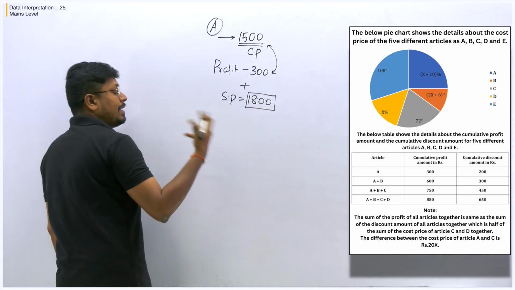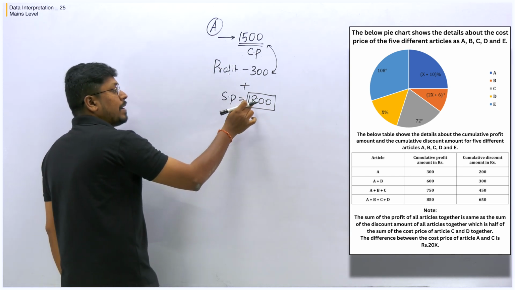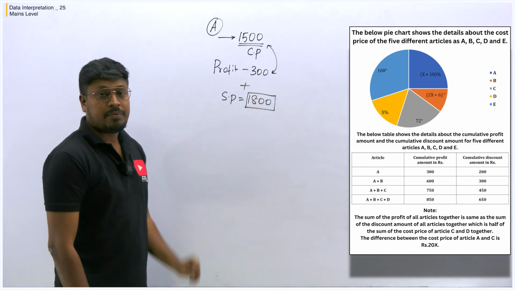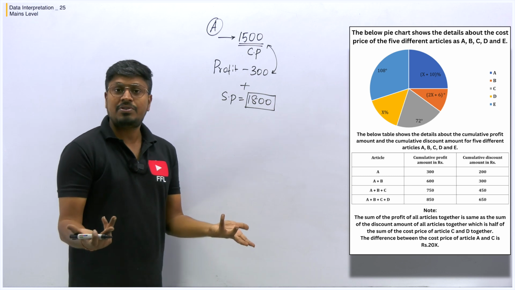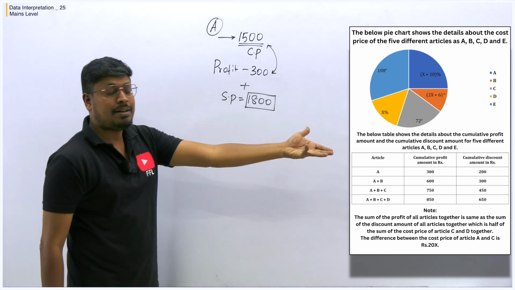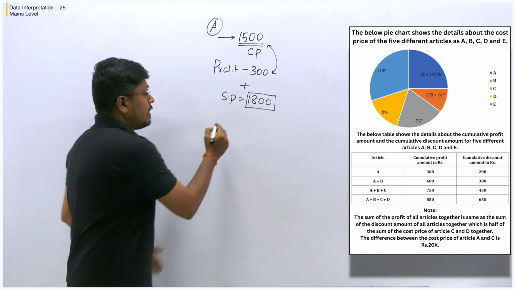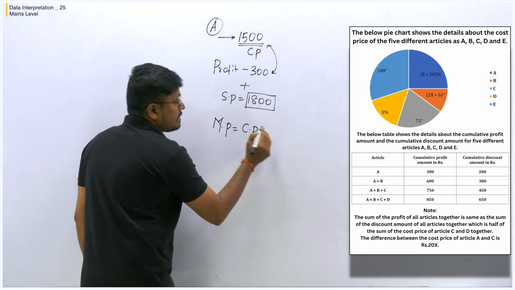You don't need to think or solve anything. This is just a very simple concept, because only if he sells for 1800 will he gain a profit of 300, and the cost price is 1500. Understood? So it is easy because the table chart value has been directly given. And what about the marked price? In the previous question, finding the marked price was cost price plus the total amount.